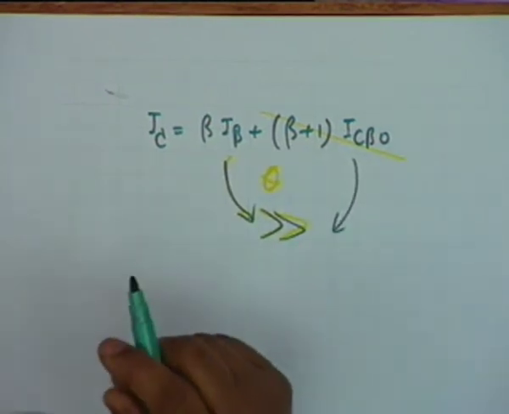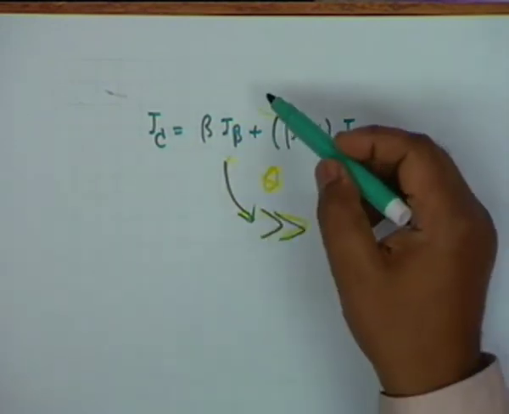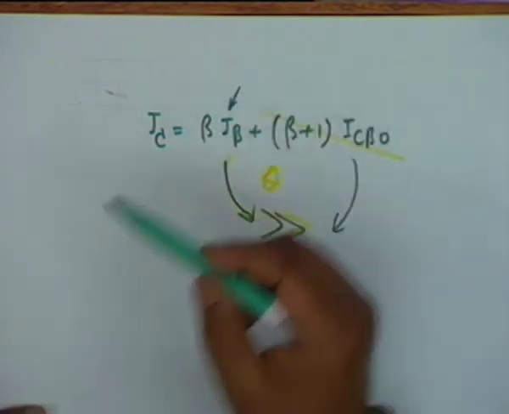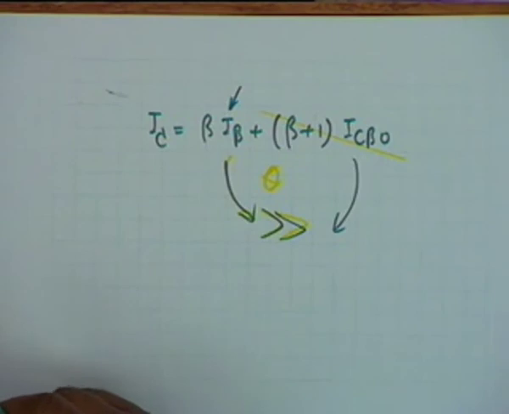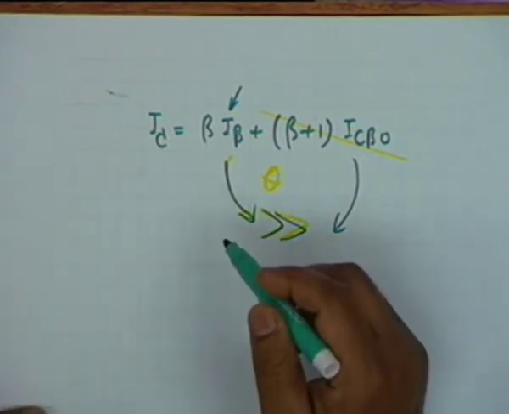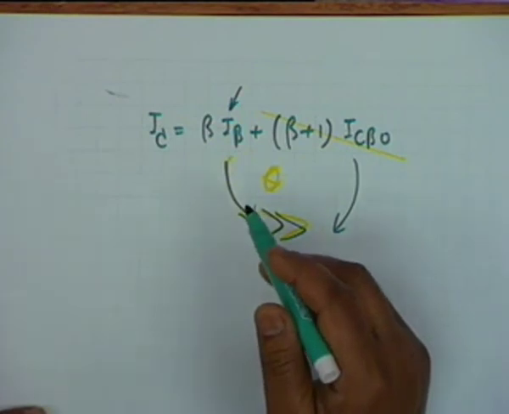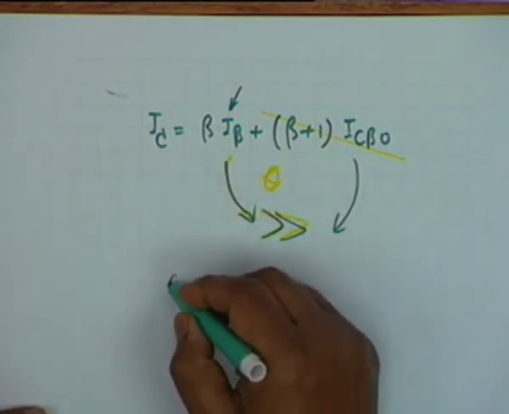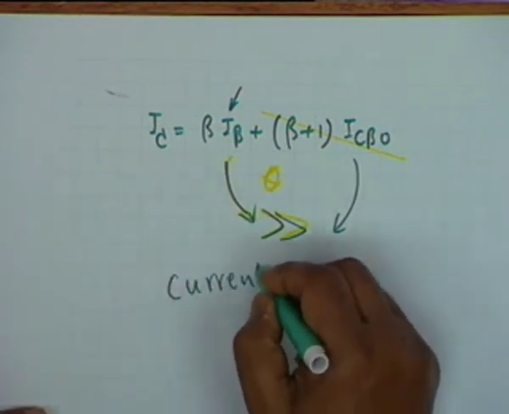Now, this shows a very interesting thing, that if you put 1 milliampere at the base, at the collector you could get 100 milliamperes, which means that the transistor in the CE mode acts as a current amplifier.